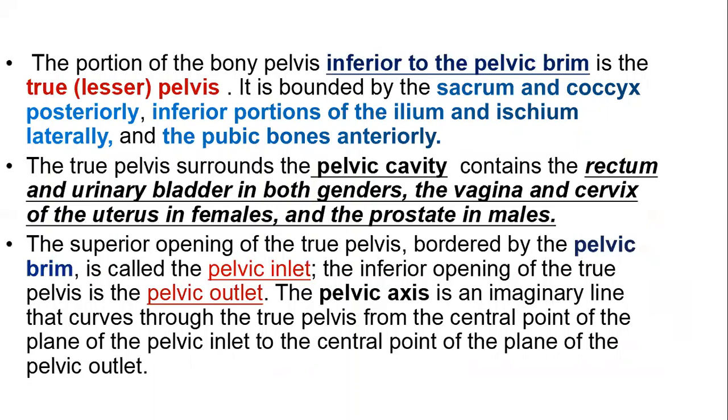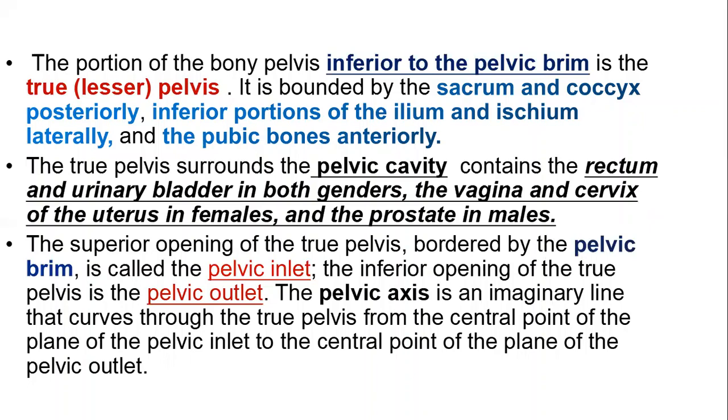It's bounded by the sacrum and coccyx posteriorly, inferior portions of the ilium and ischium laterally, and the pubic bones anteriorly. The true pelvis surrounds the pelvic cavity and contains the rectum and urinary bladder in both genders, the vagina and cervix of the uterus in females, and the prostate in males. So those are the contents found in the true pelvis.